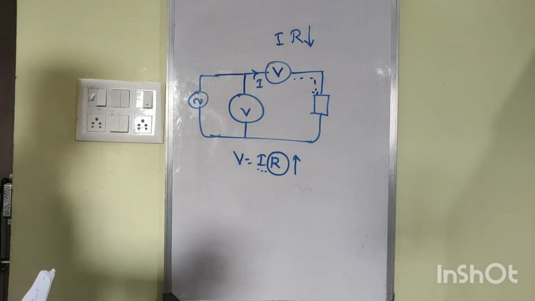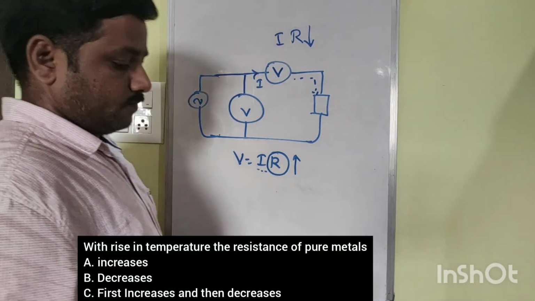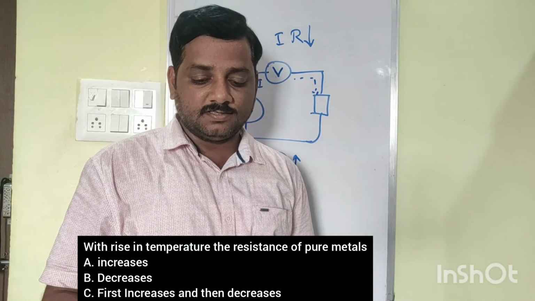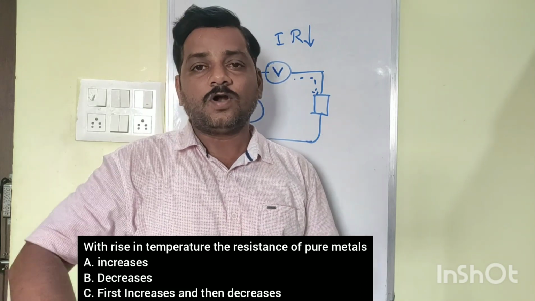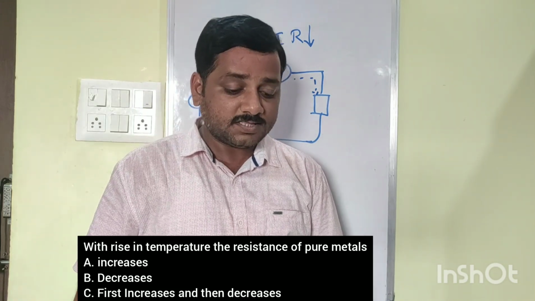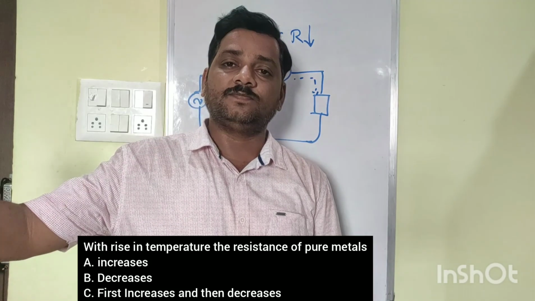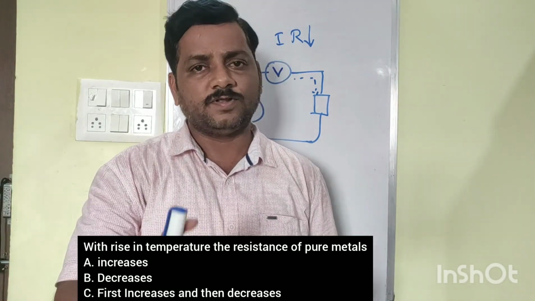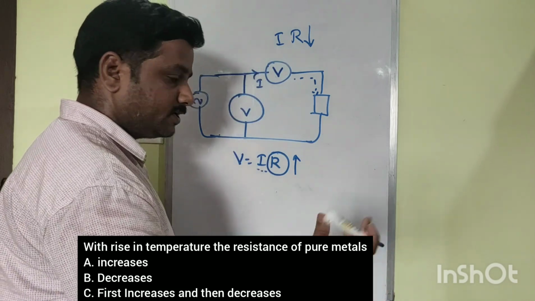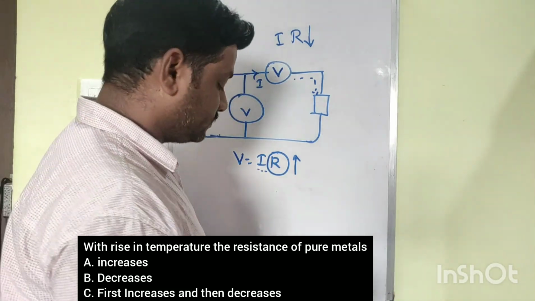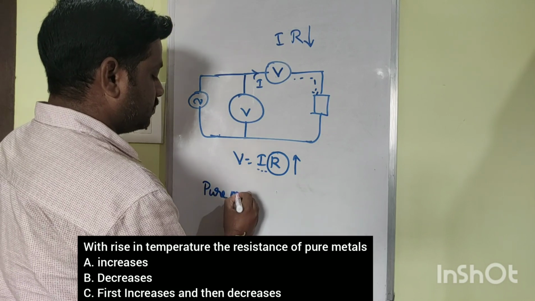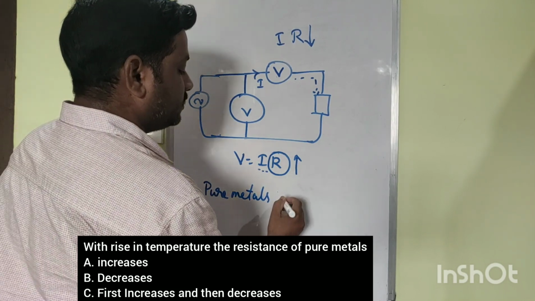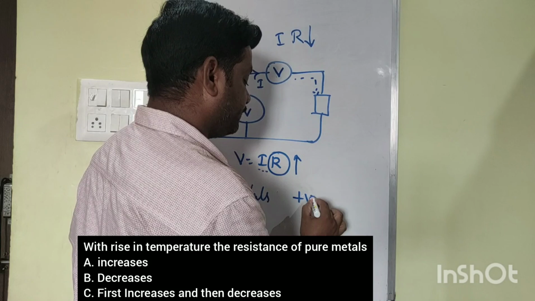Now let's look into the next question. With rise in temperature, the resistance of pure metals will be dash. So what happens to the resistance with rising temperature, that too in pure metals? Very simple basic concept here. Pure metals, temperature coefficient, that's what you need to understand here. For pure metals or good conductors, the temperature coefficient will be positive.